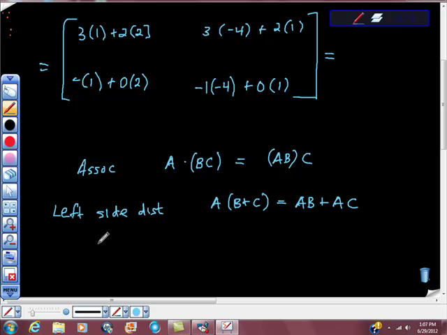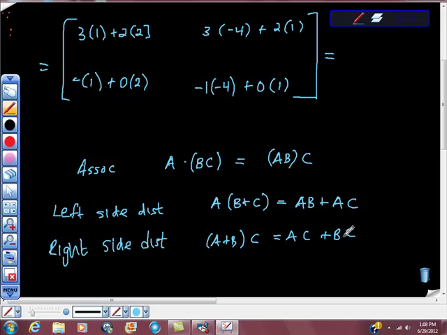The same thing is true on the right side, because we're saying order matters sometimes. In this case, it doesn't. We have a right side distributive rule, which says that if we have A plus B times quantity C, it is the same as AC plus BC, the resultant matrices.